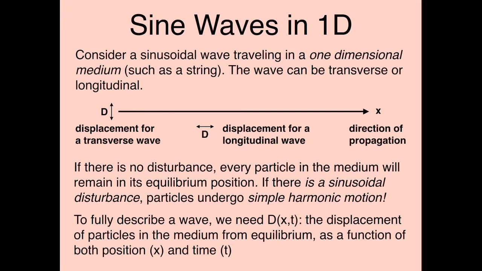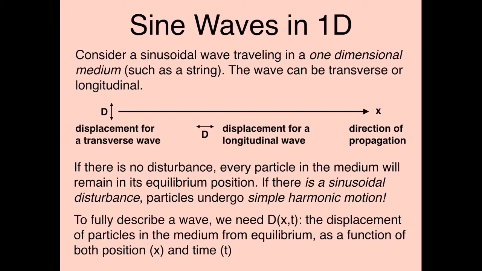Now, if we want to fully describe the wave, what we need is d, the displacement, as a function of x and t. So in other words, why is it a function of x? Because, of course, you could have a different displacement over here than you have over here. So it's going to depend on your position x.